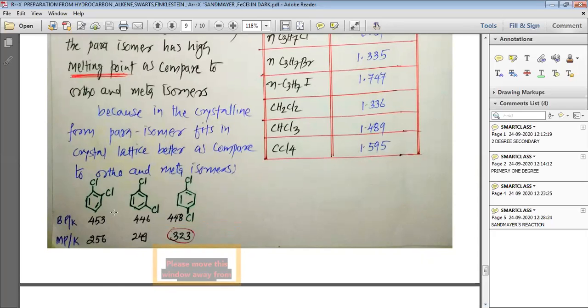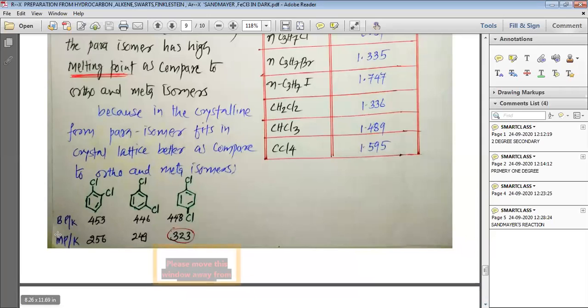You can see that I have given you the example of ortho-dichlorobenzene, meta-dichlorobenzene, and para-dichlorobenzene. The boiling point of ortho-dichlorobenzene is 453 Kelvin, meta-dichlorobenzene is 446 Kelvin, whereas para-dichlorobenzene is 448 Kelvin. They are almost similar. There is not much difference, but still we can see that the boiling point of ortho-dichlorobenzene is maximum.